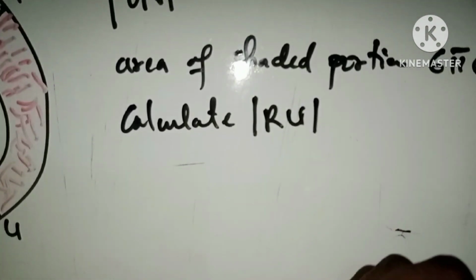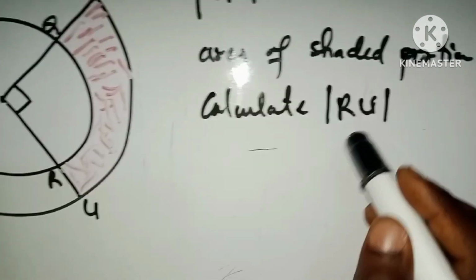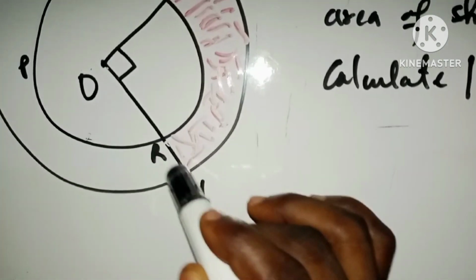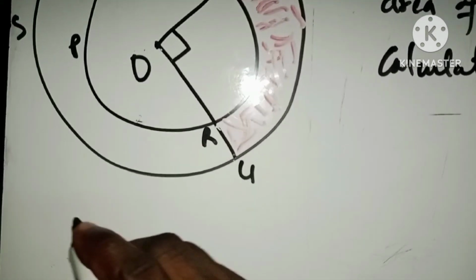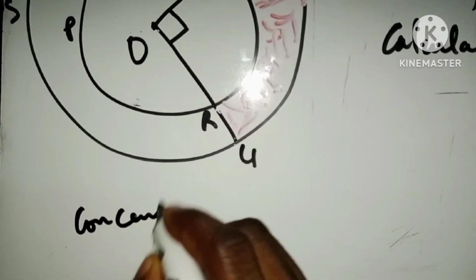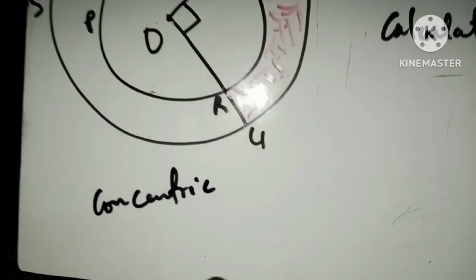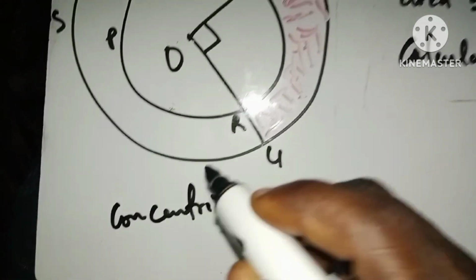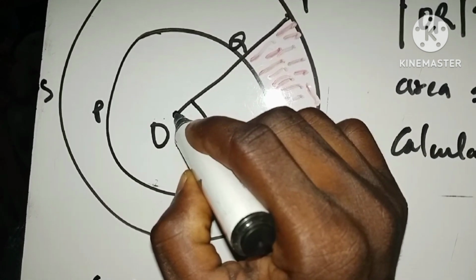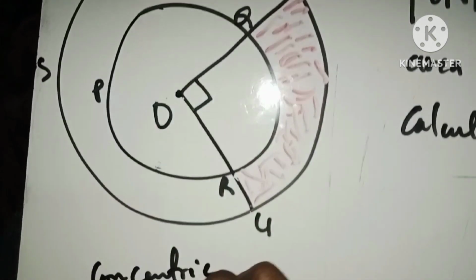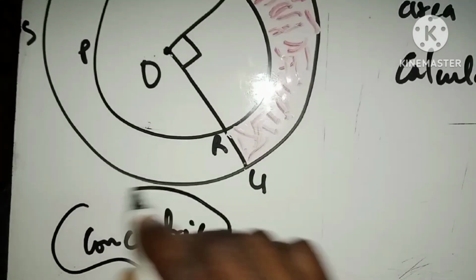You want to calculate the length of UR. So UR is just this small portion here. Now we are told that the circles are concentric, so I don't know if that is the correct pronunciation. What it means here is that the two circles, or the two shapes, have the same center. That is the meaning of this word.